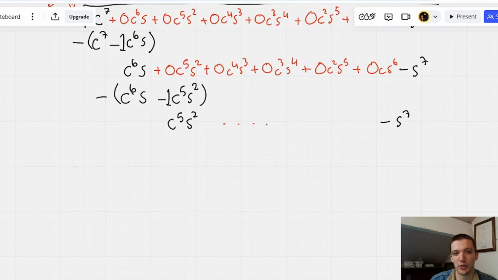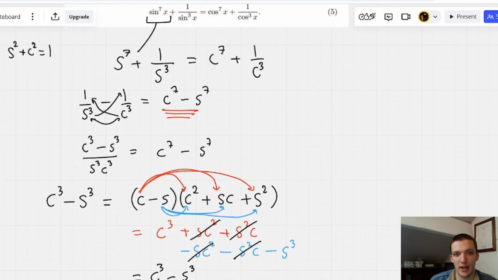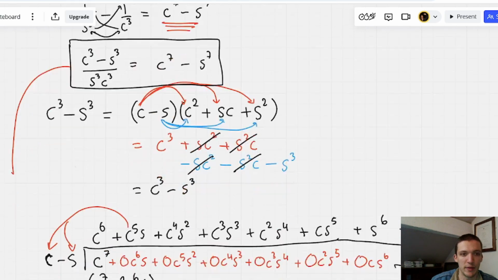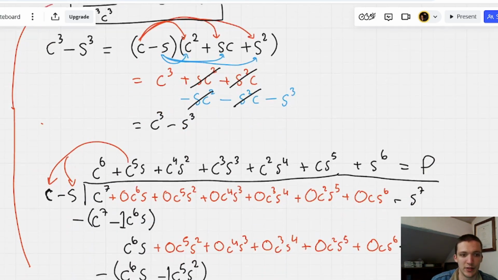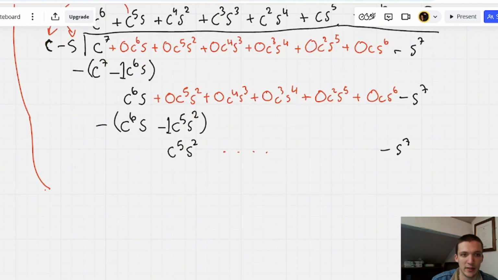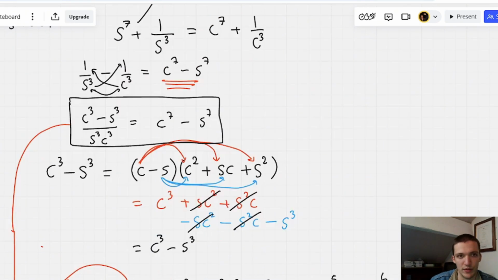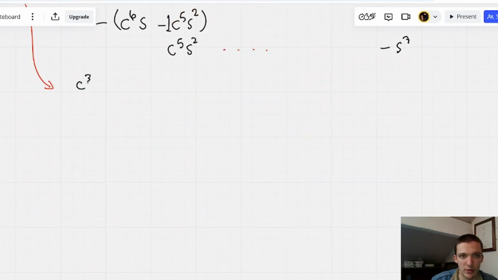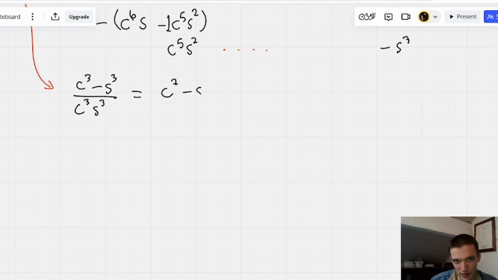Now let's go back to the question that we had, the stage that we had here. So let's take this part of our equation and just figure out what that is going to become further down. So let's just go all the way down here, and this was, hang on, c cubed minus s cubed over c cubed s cubed over c cubed s cubed is equal to, that was c to the 7 minus s to the 7.